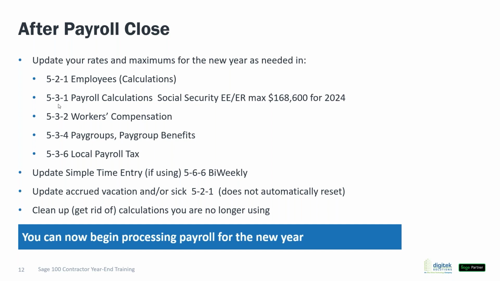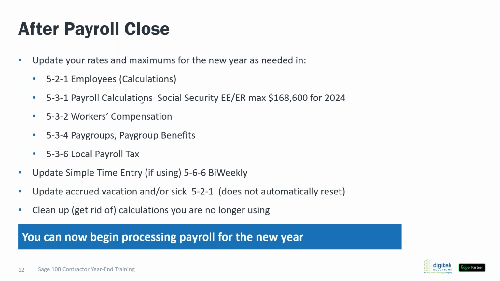And also, one thing I do want to point out is that when you get your new payroll updates from Sage, and they typically issue those around mid-December, you're going to want to make sure you install those, because those are going to install the new tax tables, whatever changes the federal government or your state government has issued for the new year.